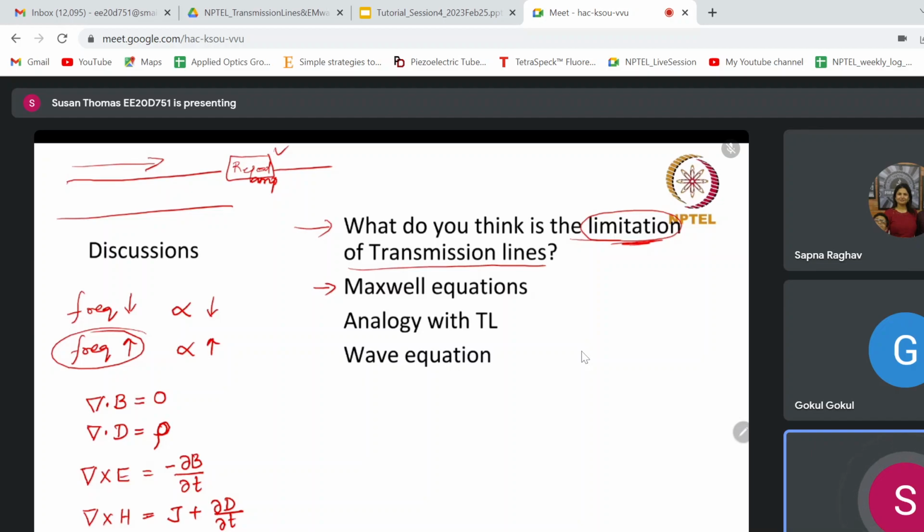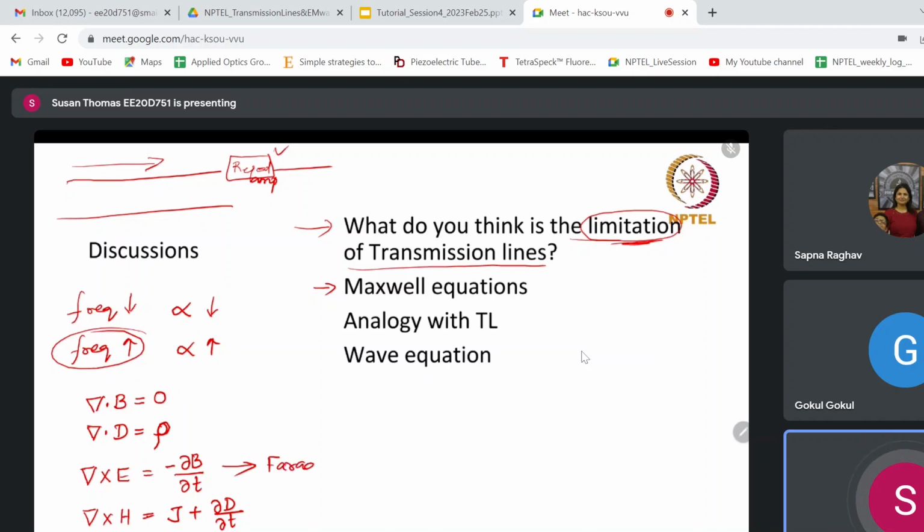Although these equations are called Maxwell equations, basically this is a compilation of equations given by several scientists. Say this curl equation, del cross E, was given by Faraday.